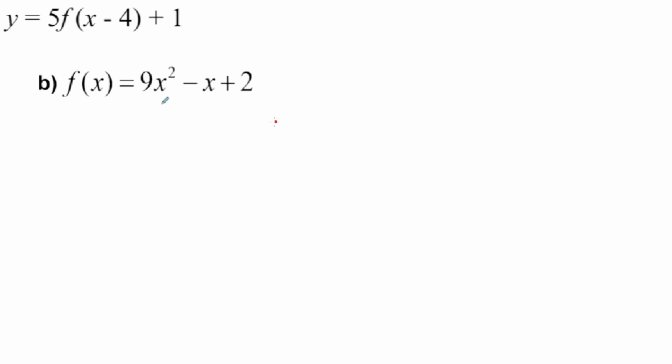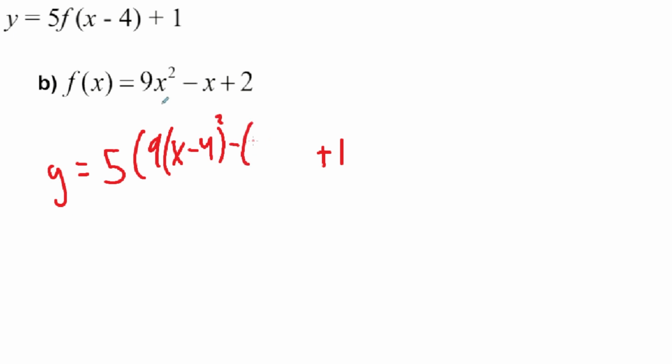Now, how do we deal with this question? There's 2 x's. You do the exact same thing you did last time. You just replace the x's with x minus 4. Okay, so let's keep our vertical transformations on the outside of this. So y equals 5 plus 1, and then 9 x minus 4 squared minus x minus 4.